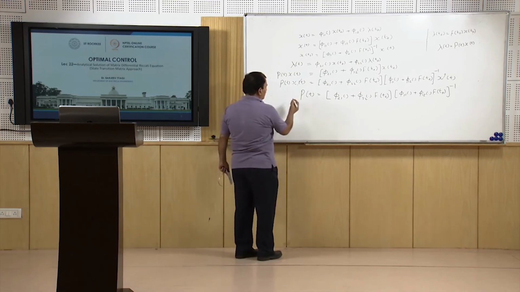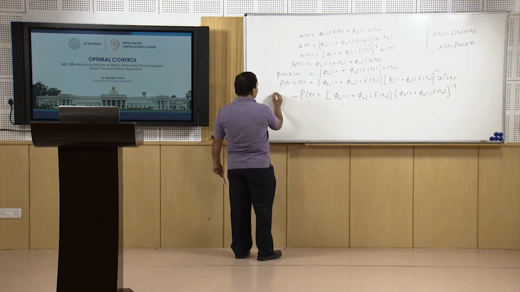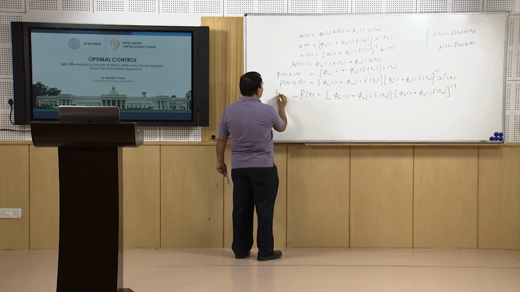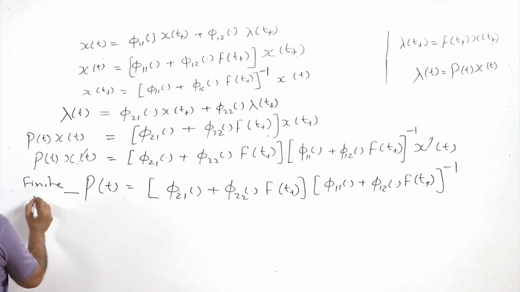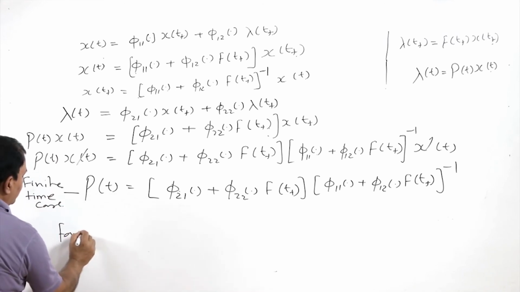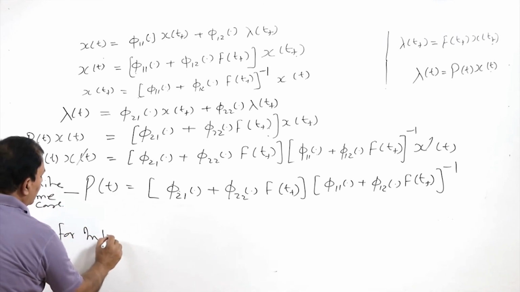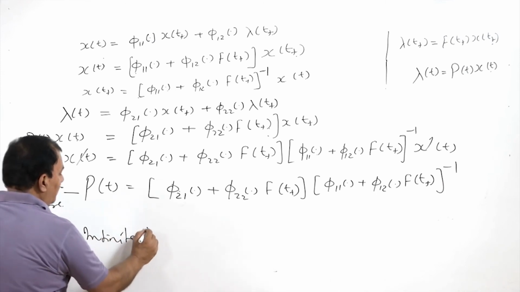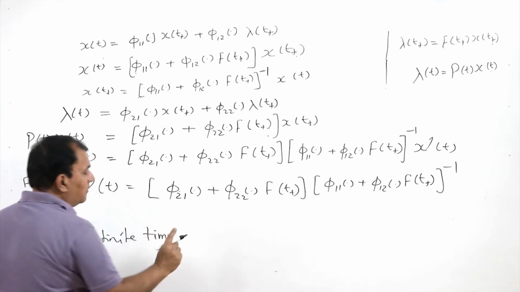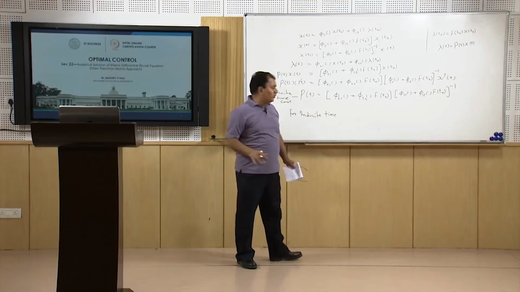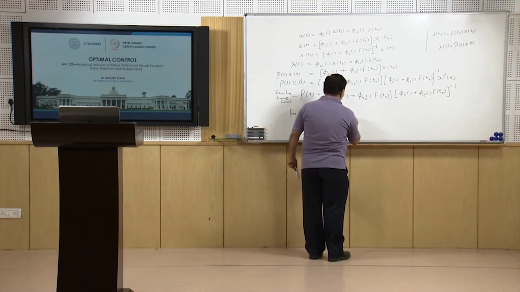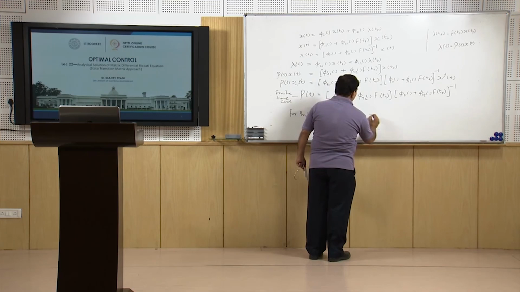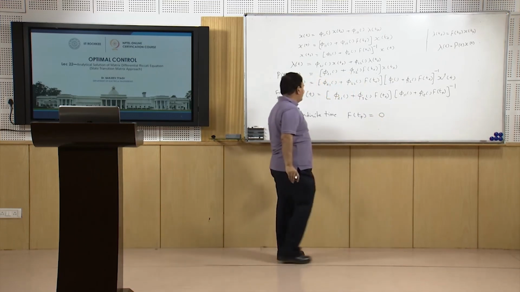This is for the time varying case, or we can say this is for the finite time case. For the infinite time case, basically my terminal cost will become 0. So f of t_f will be 0.